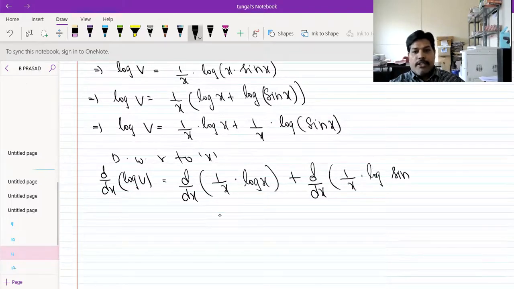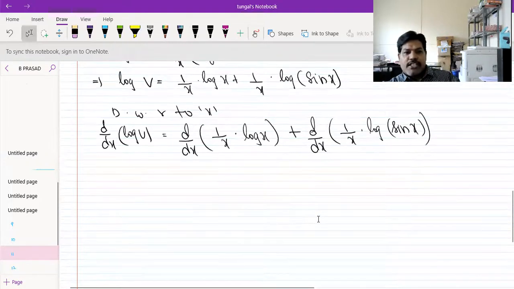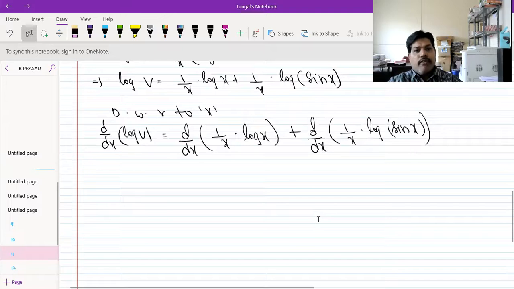Part 1 is there, and the same form is part 2. Just differentiate this; both are uv formulas, so we will apply the uv formula for both.